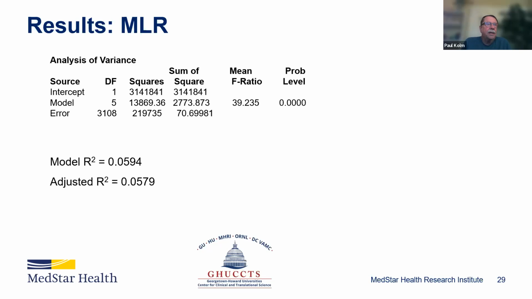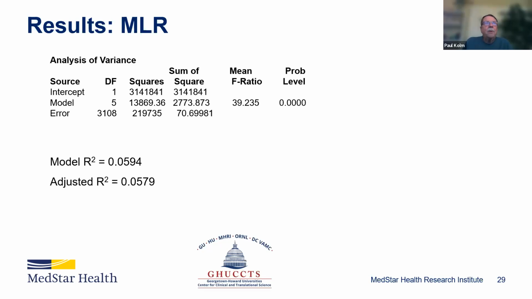You can see that basically it's just 6%. So even though we have a statistically significant model, our prediction is not real great. In fact, any model that has less than 10% variance explained is probably not worth looking at.